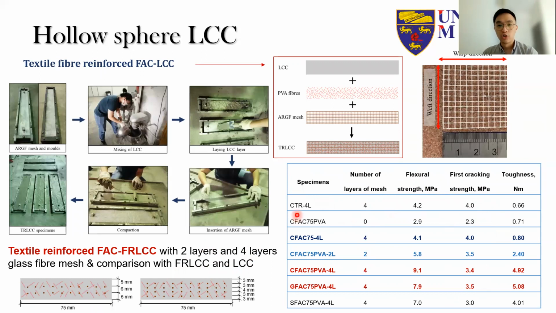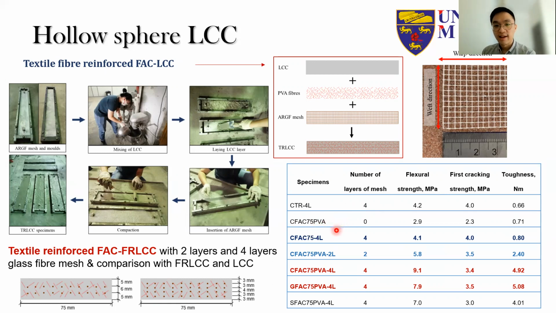So in the control over here, we are using a normal cement mortar with 4 layers of mesh. And the second one over here is where we use the fly ash cenosphere lightweight cementitious composite, including the 1% PVA fibers.